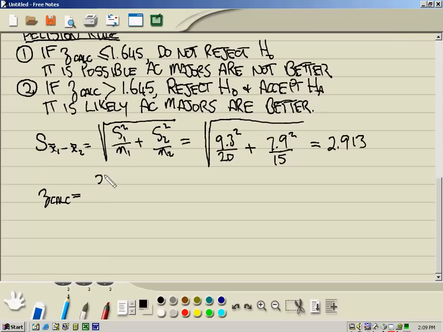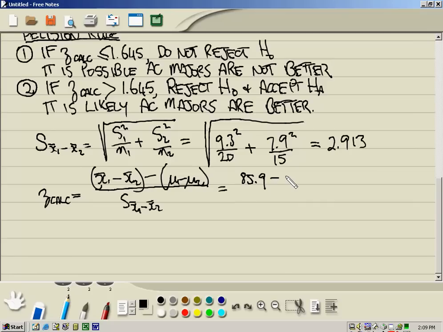Z-calc is x bar 1 minus x bar 2, the sample difference, minus mu 1 minus mu 2, the hypothesized difference, which is always 0, divided by the standard deviation s sub x bar 1 minus x bar 2. Alright, the sample difference is 85.9 minus 79.1.